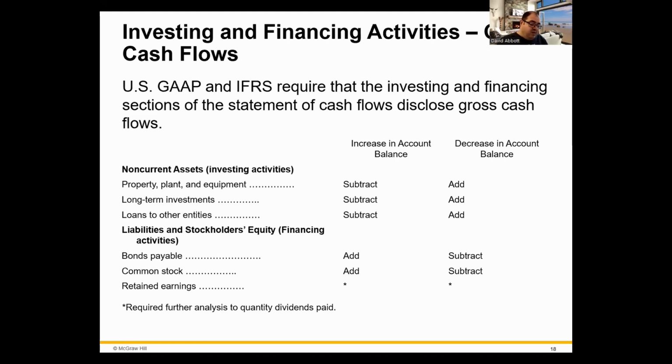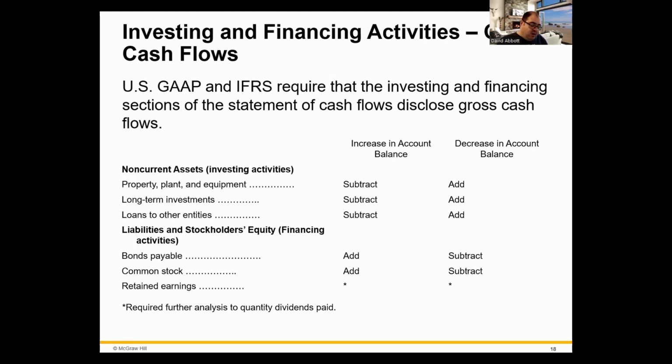So when the balance in a non-cash asset account increases or decreases, it signals the need to record a cash outflow or cash inflow in the investing activities section of the statement of cash flows. However, computing the correct amount of cash flows requires further analysis, as you'll see shortly.